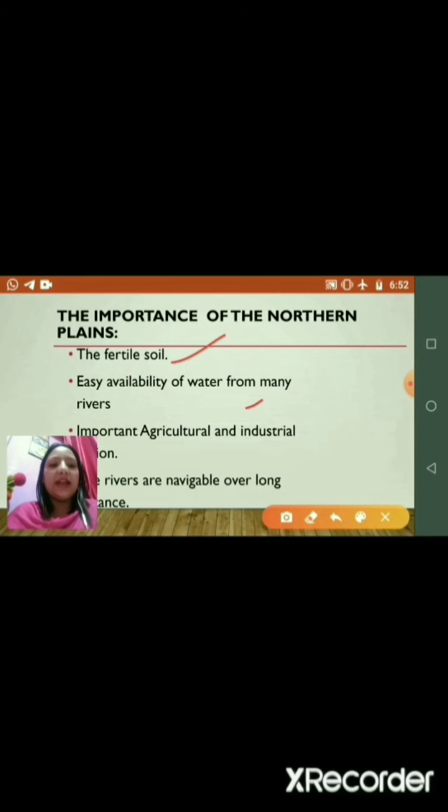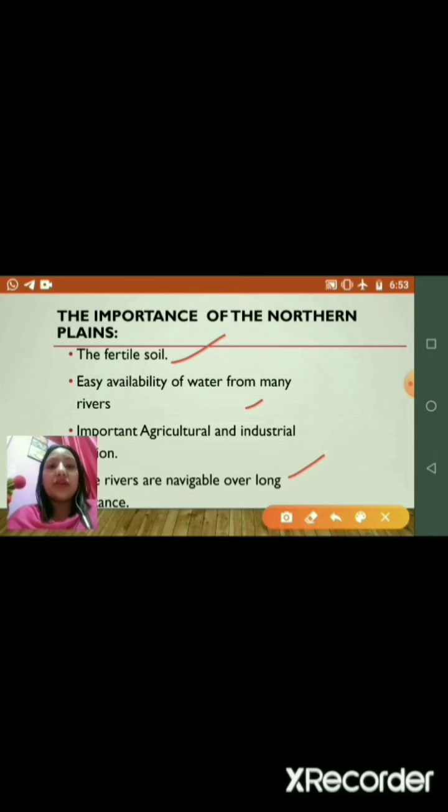Then the rivers are navigable over a long distance. Also, the flat nature of the terrain has made it easy to develop intricate networks of roadways and railways.